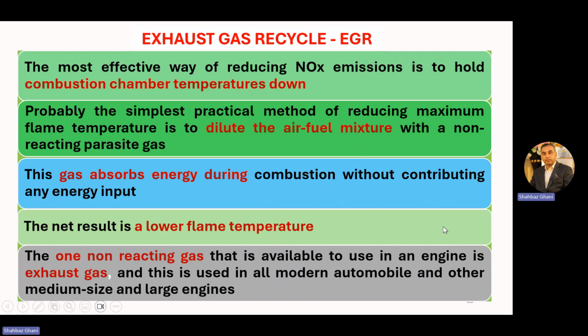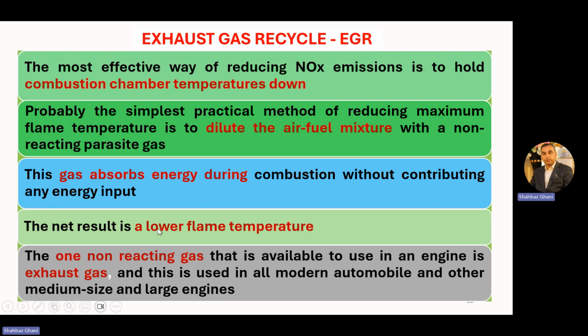Now, the last one, the aftertreatment, is the exhaust gas recycle. The most effective way of reducing NOx emission is to hold combustion chamber temperature down. Probably the simplest practical method of reducing maximum flame temperature is to dilute the air-fuel mixture with non-reacting parasitic gases. The gas absorbs energy during the combustion without contributing any energy input.